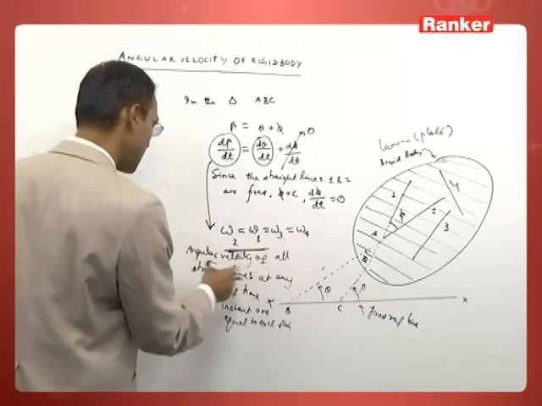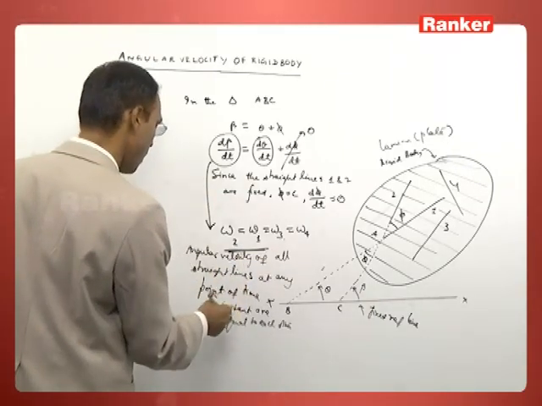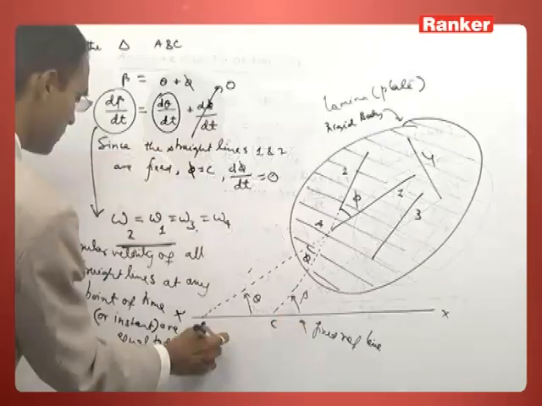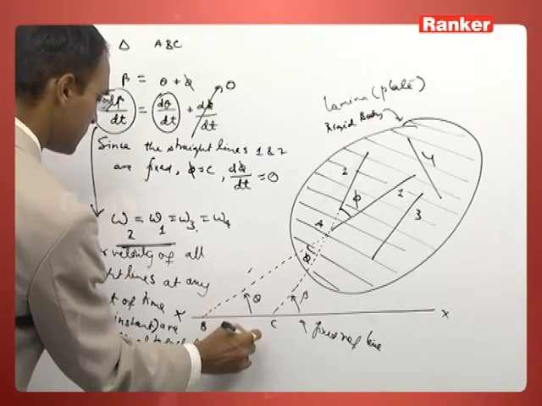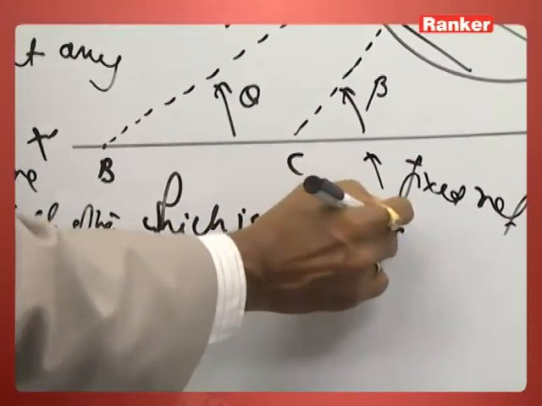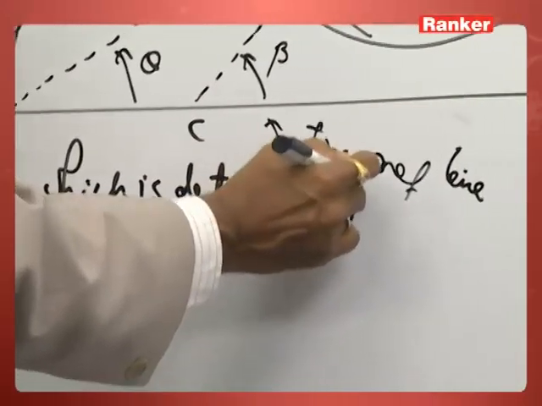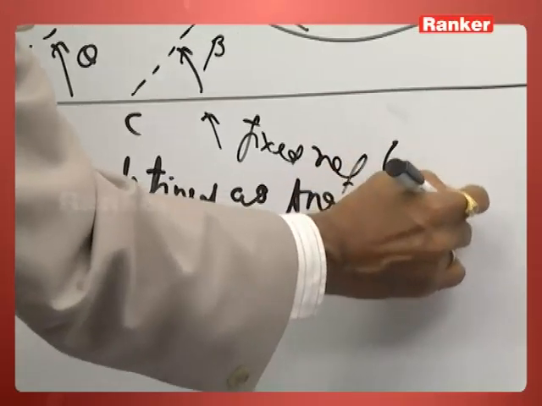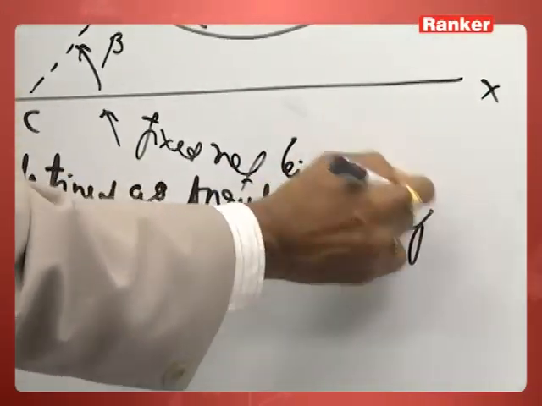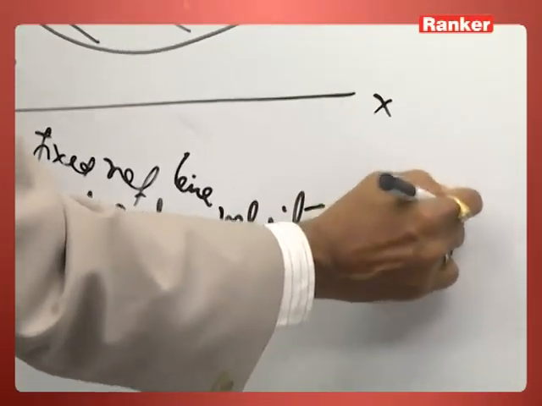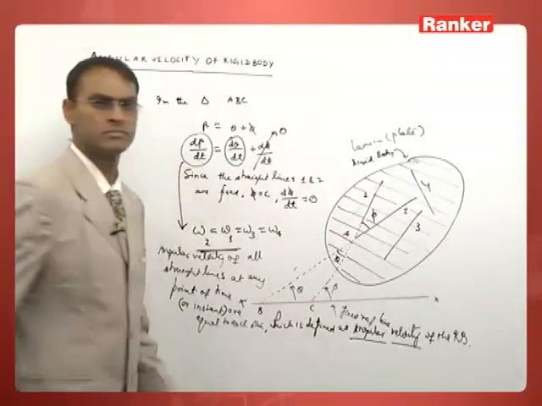Angular velocity of all straight lines at any point of time or instant are equal to each other, which is defined as angular velocity of the rigid body.